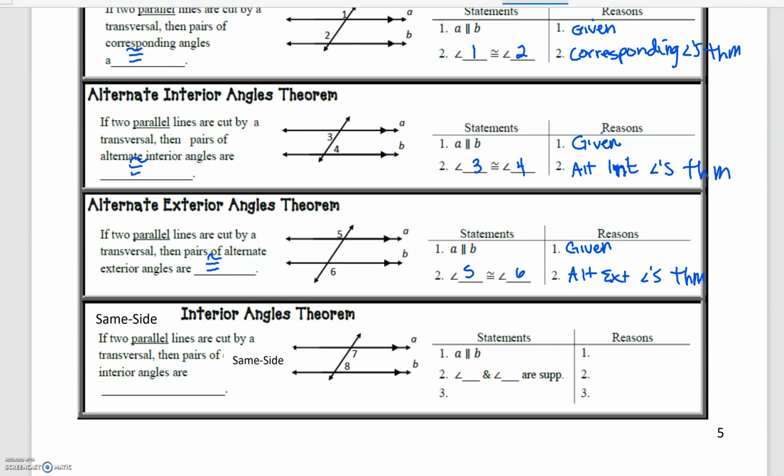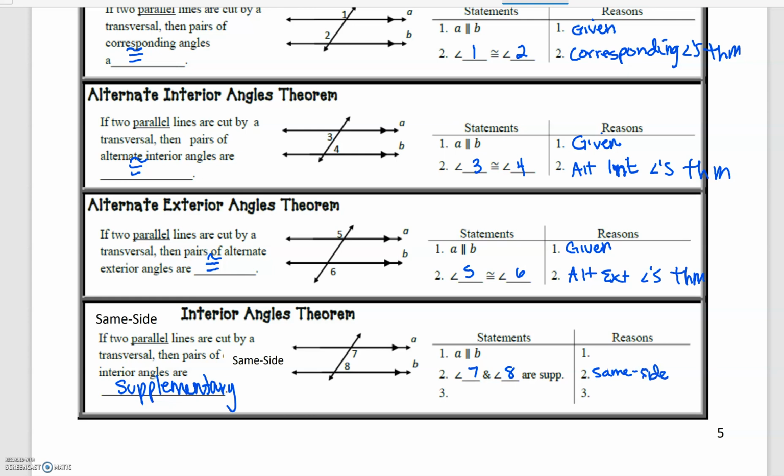And then the last one is same side interior. Now those are supplementary, okay, because they're not going to form a part of the scar, like the zigzag. So 7 and 8 are supplementary by the same side interior angles theorem.